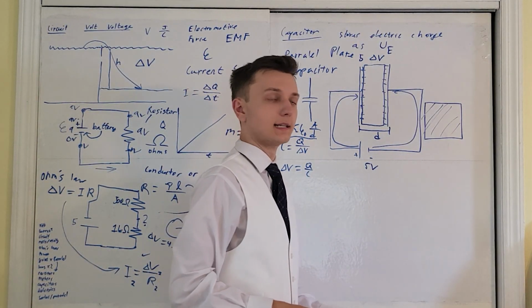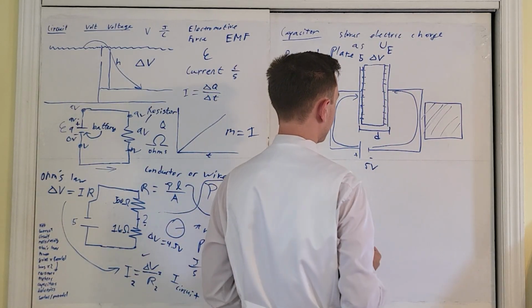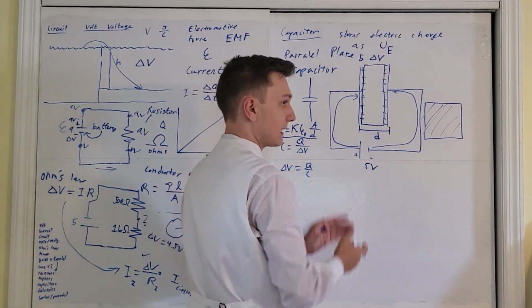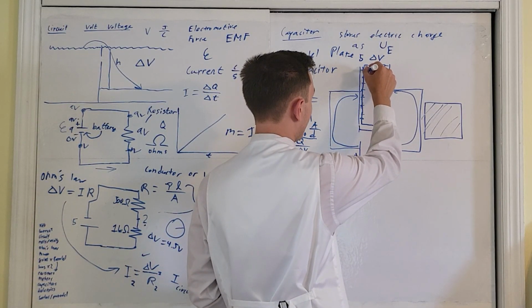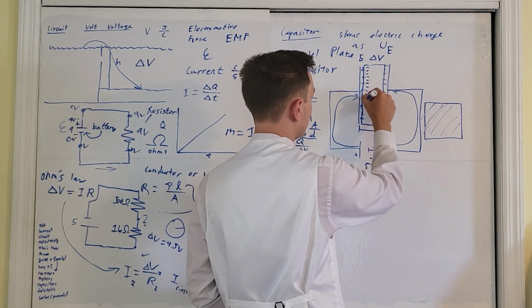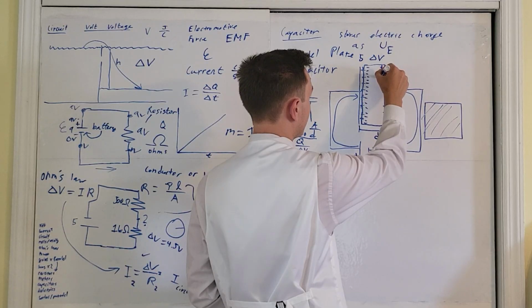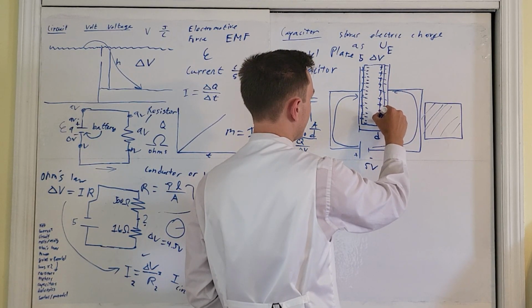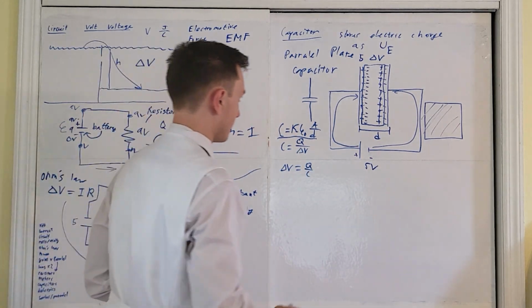What happens inside a dielectric is, as, let's say, negative charge accumulates on the negative plate, that negative charge repels electrons in the dielectric. So the negatively charged plate will repel electrons in the dielectric and leave the negatively charged plate adjacent to the positively charged side of the dielectric, which is a process we covered in the previous video.